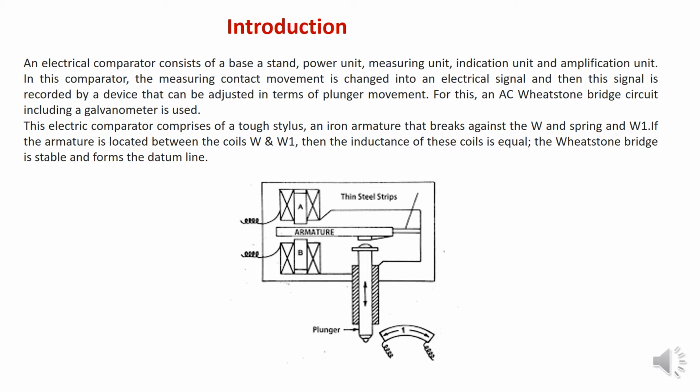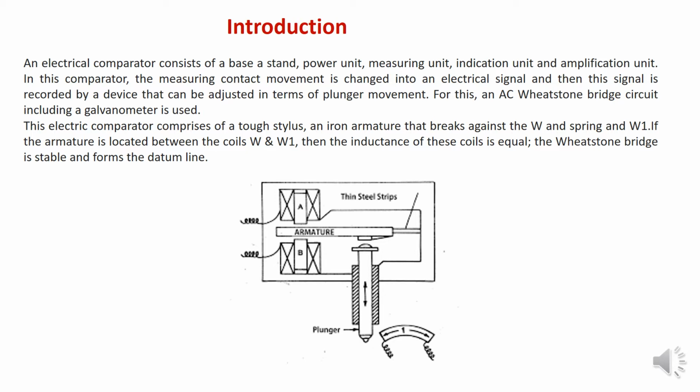In electrical comparators, we use an electrical signal to compare the surfaces and to check the properties of the surfaces. An electrical comparator consists of a base, a stand, power unit, measuring unit, indication unit, and amplification unit.